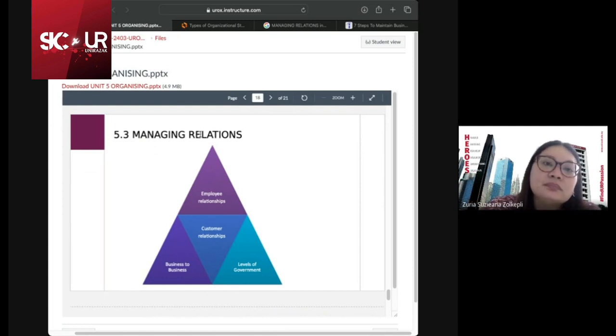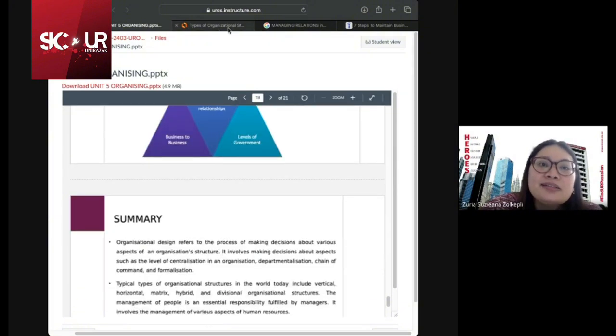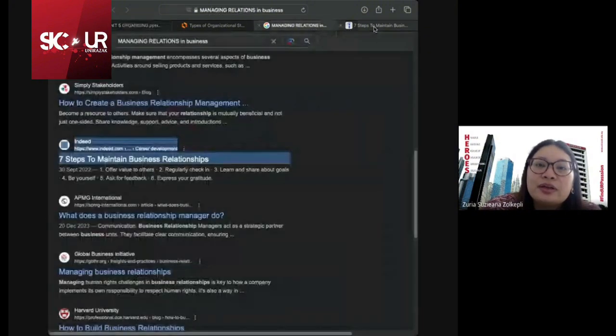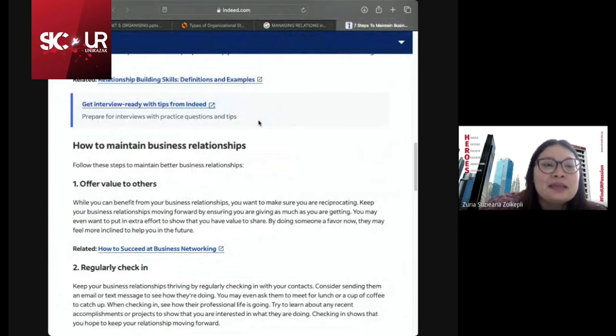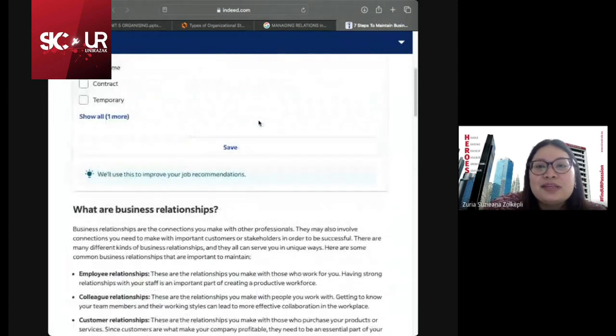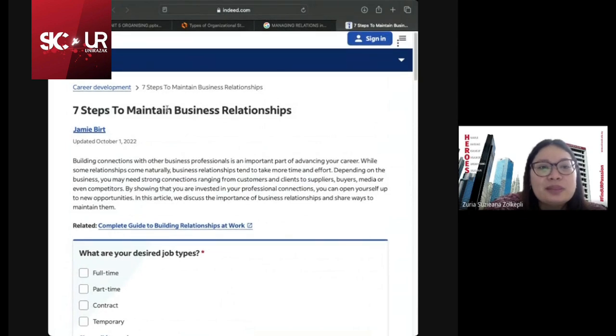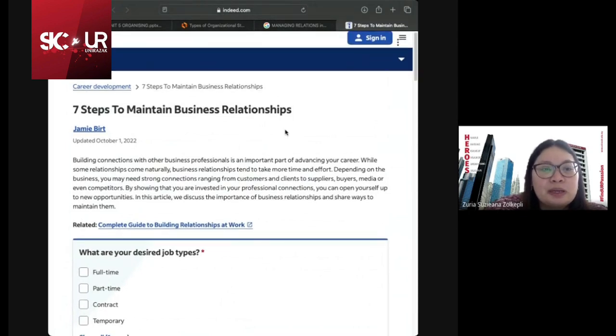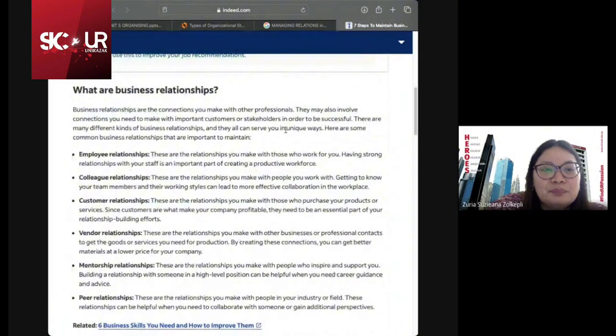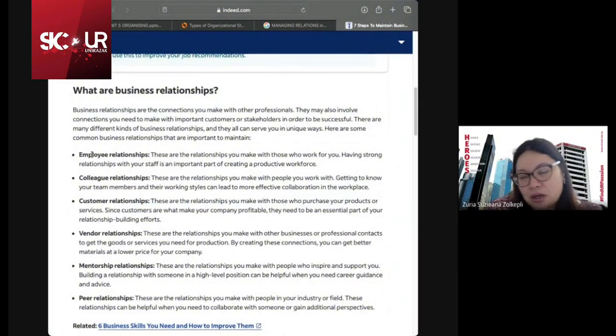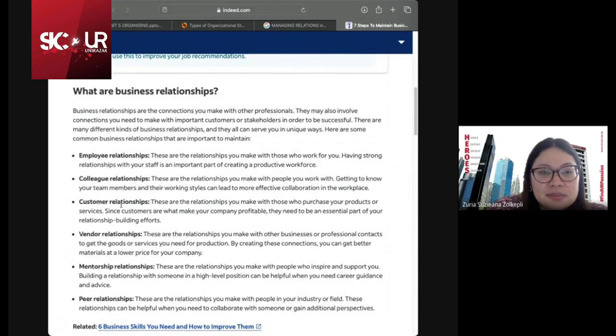All right, so let's take a look here. This article, I found it on Indeed. It is 7 steps to maintain business relationships. You can see here, similar to your slide, we do have employee relationship, colleague relationship, customer relationship, vendor relationship, mentor, and so on.